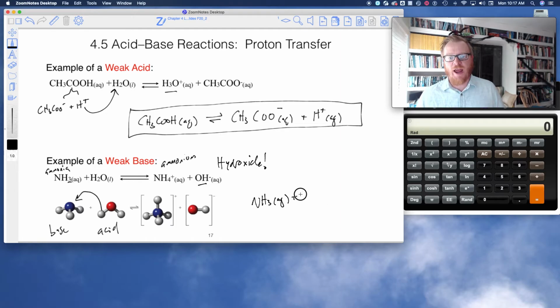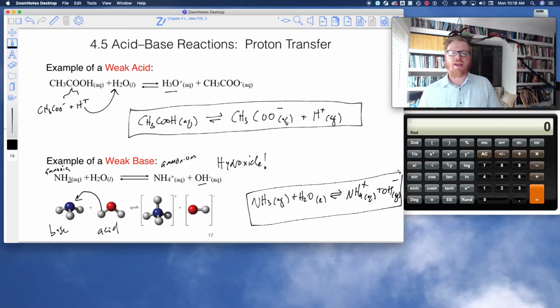When we write this reaction, we usually always keep the water as a part of the reaction because that intimately shows us how the water is transformed into hydroxide. So we make ammonium and hydroxide. These are the two reactions I want you to know for weak acids and weak bases.